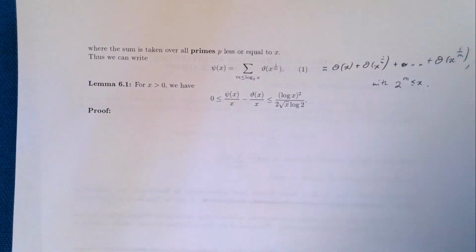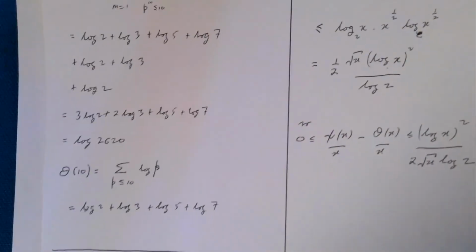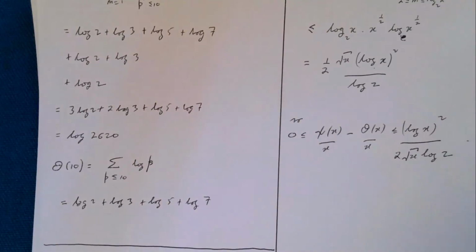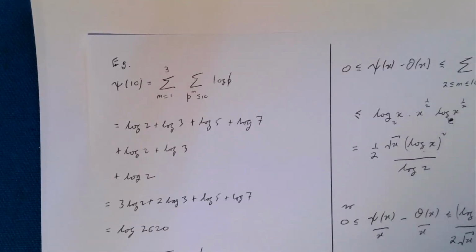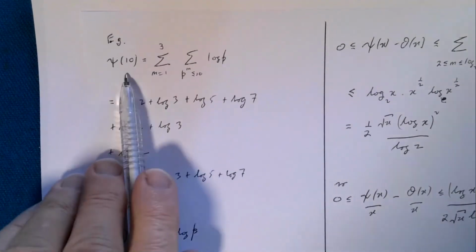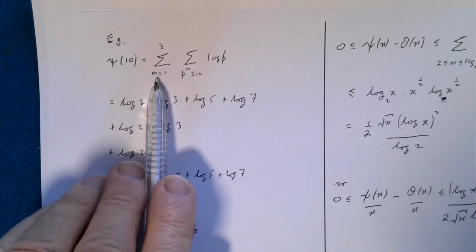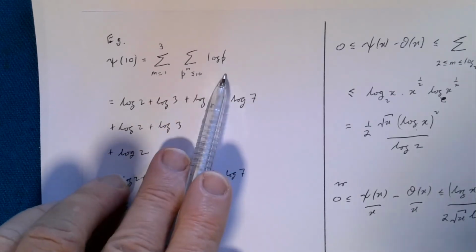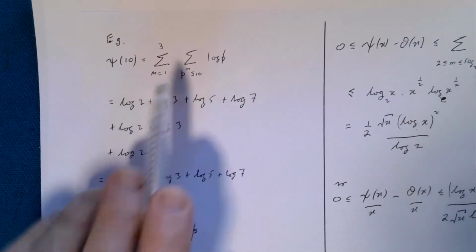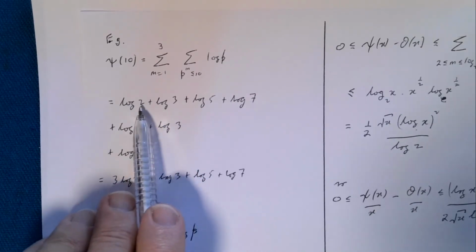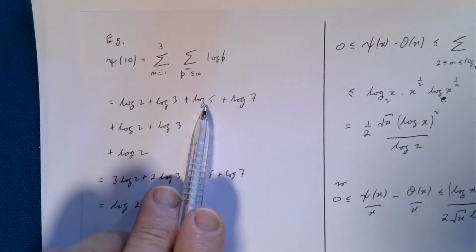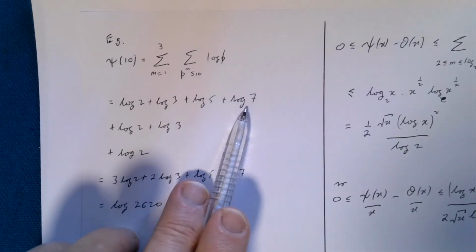I'm going to do two things. Firstly an example of the psi, and then we'll look at the proof of the lemma. If we want psi of 10, it is the sum m equals 1 to 3, p to the m less than 10, of log p. So we can take p as the primes 2, 3, 5, and 7. That's when m is 1.